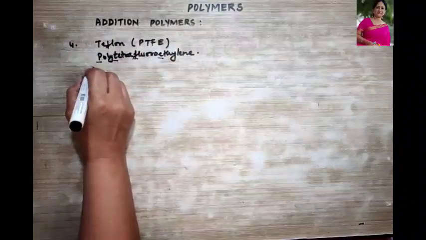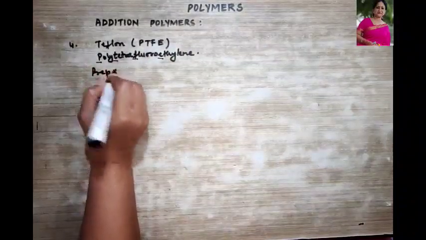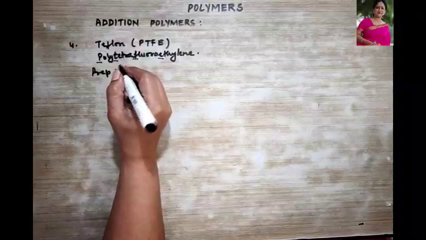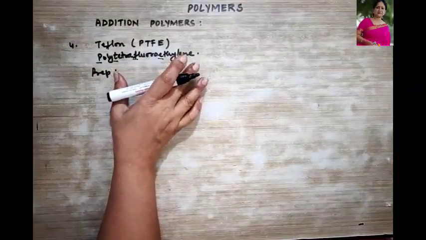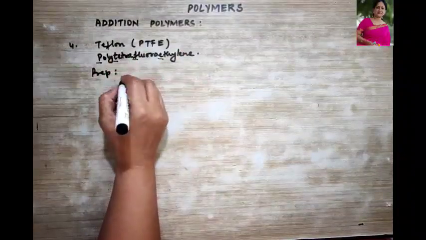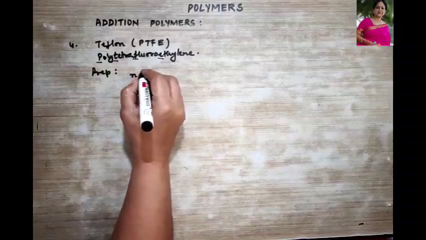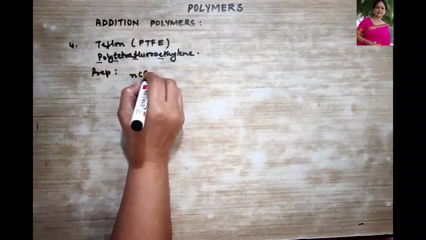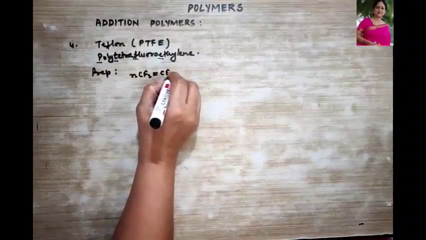Okay, so let us begin with the preparation of Teflon. It is polymerized by tetrafluoroethylene. So what is the formula of tetrafluoroethylene? nCF2=CF2.